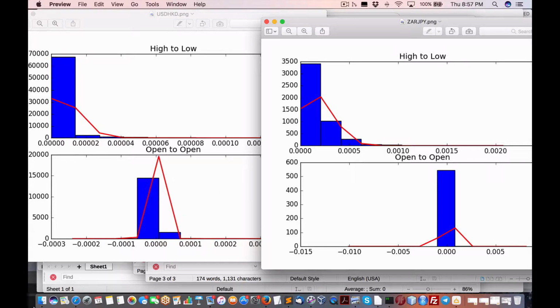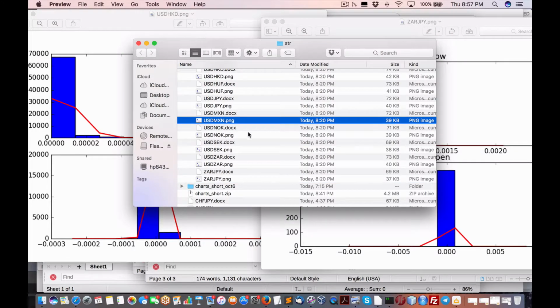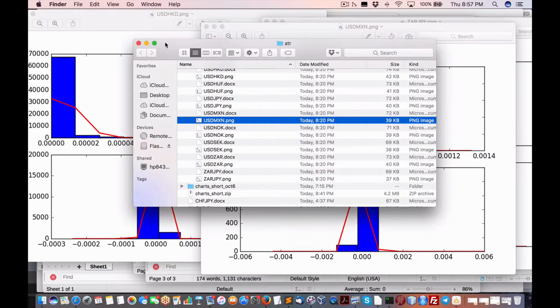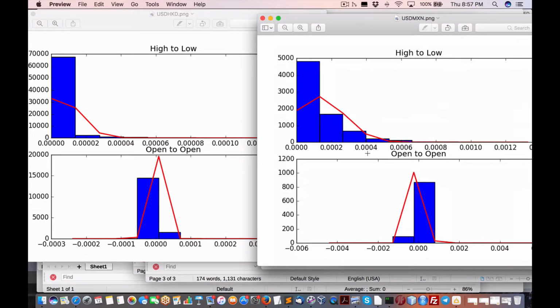Now, if I did a comparison of that against the US dollar and the Mexican peso, again, you'll see, again, volatile.